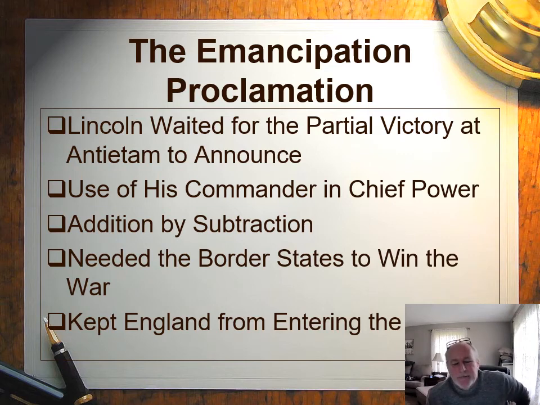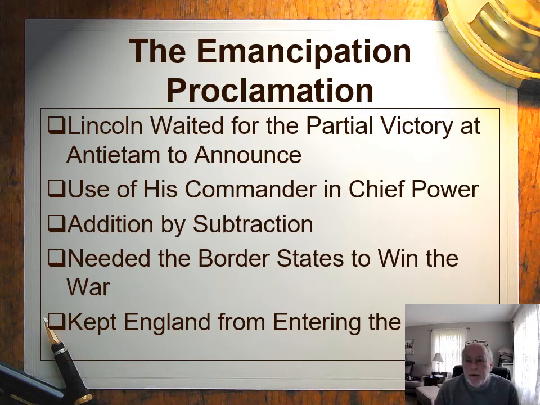And then another fact that's often missed is that it kept England from entering the war, because England was thinking about entering the war, of course, on the southern side. But when Lincoln did this Emancipation Proclamation action, England had already ended slavery in its territories.